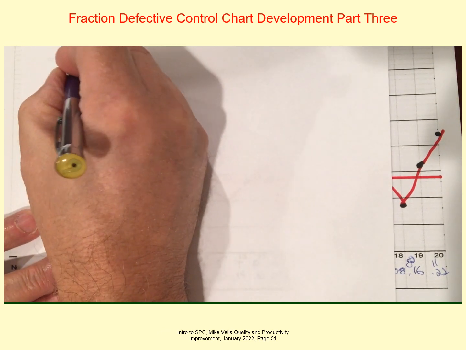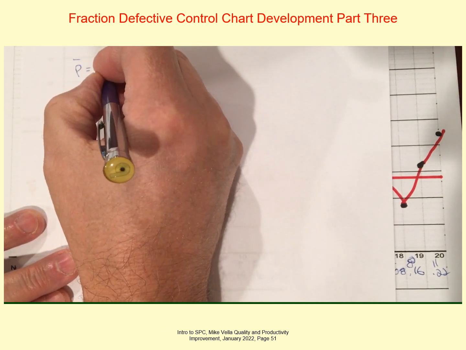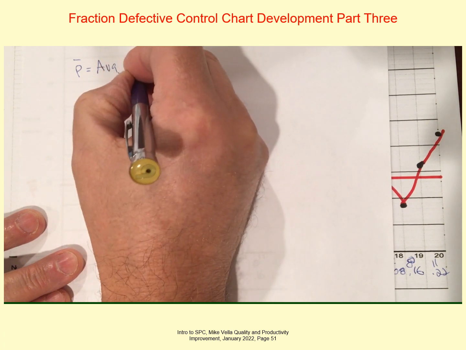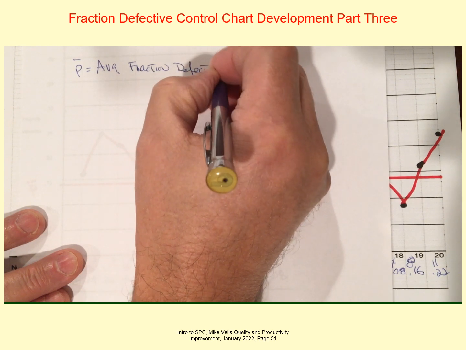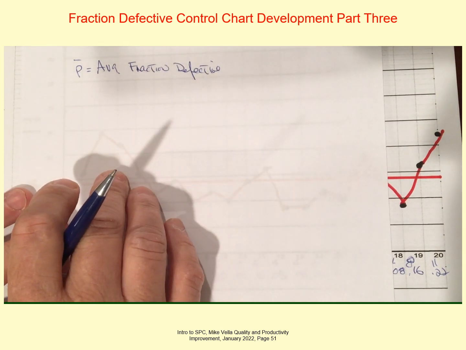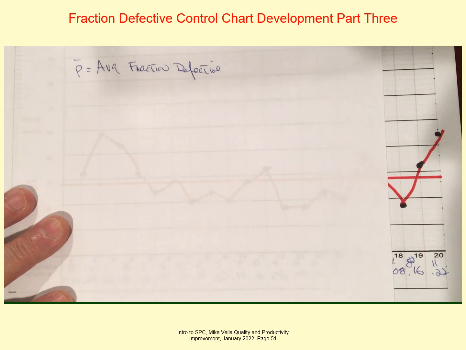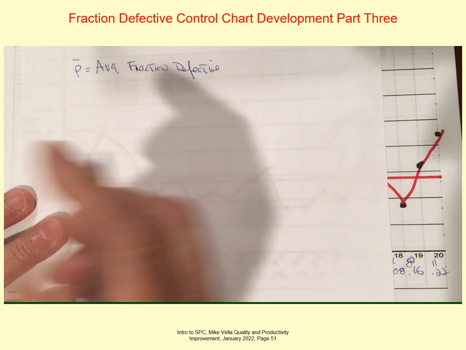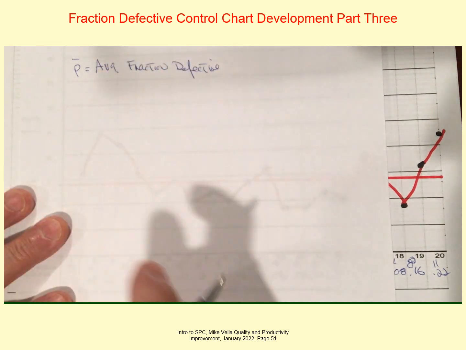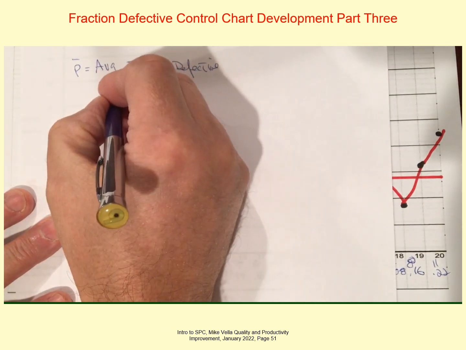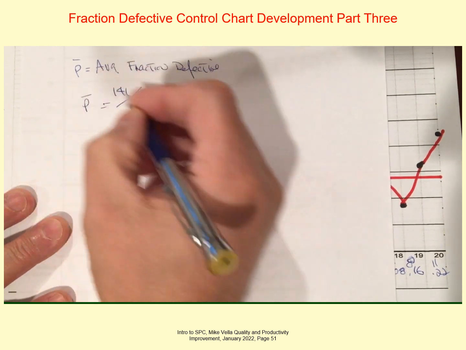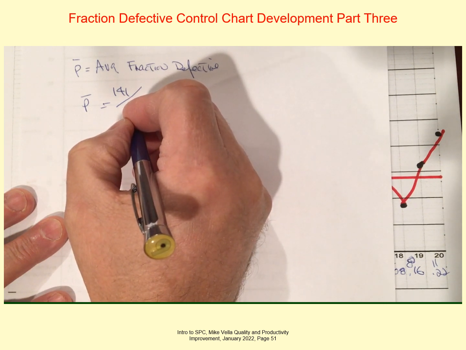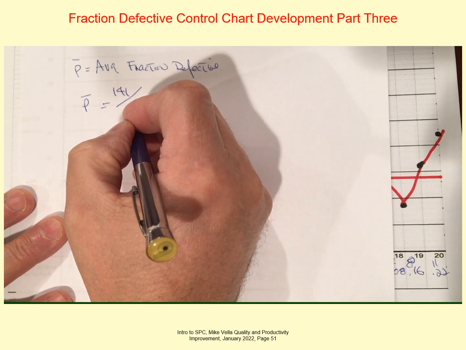So the p-bar is the average fraction defective. And that's calculated a couple different ways, whichever way is easier for you. In our handout, we've said that it's the total number of defects, and if you'll see that in one of the slides, there's 141 defects, and we again had 1,000 samples. That was 20 subgroups of 50 each.